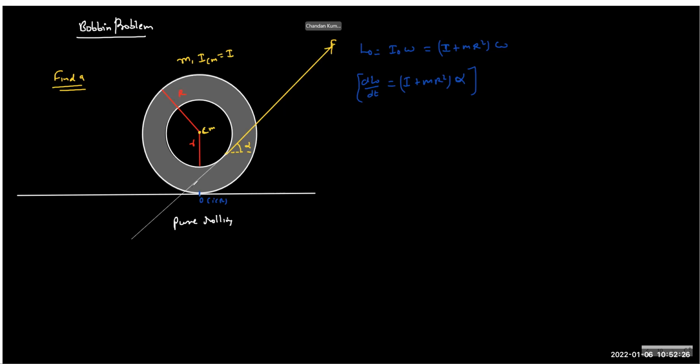So now what we can do is we can just drop a perpendicular like this. Not a very nice diagram. Once you draw the perpendicular, it is simple. If I say this is D, the torque is FD. That's it.